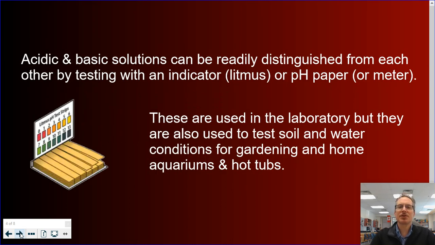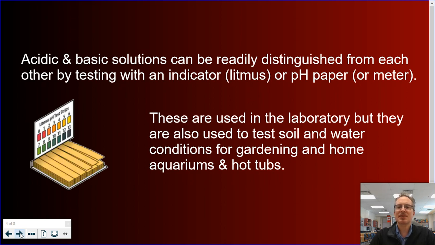So, in order to readily distinguish between acidic and basic solutions, we have used many different indicators up until this point. We have looked at litmus paper, whether it be red or blue litmus. And we've also looked at pH paper. This could be universal indicator paper, or even pH meters.